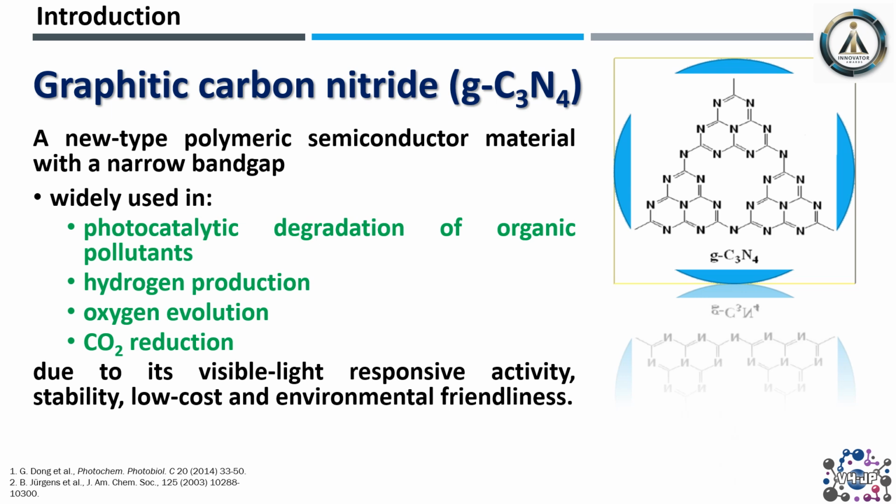Because of its non-toxicity, low cost, and ease of fabrication, graphitic carbon nitride has a diverse range of applications in photocatalytic processes, including carbon dioxide capture and reduction, hydrogen production, oxygen evolution, and so on.